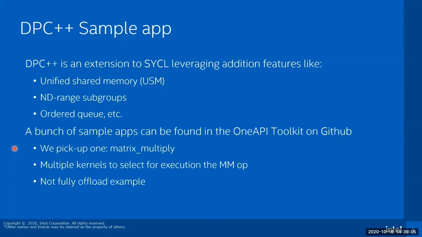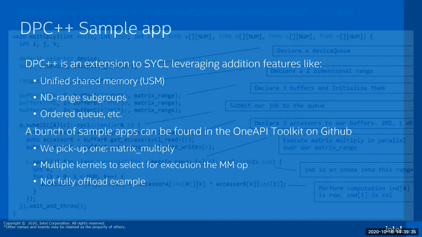OpenCL applications. Actually, it's not a fully offload example, since the concept of single source for DPC++ is that you are using both resources, CPU and GPU, which would be the most desirable case, but in our case, this is only a GPU-bound application.